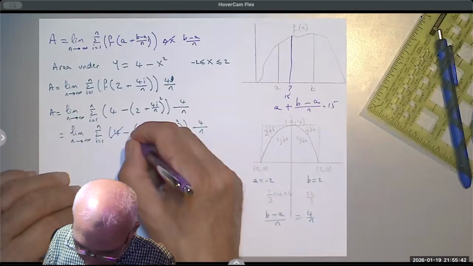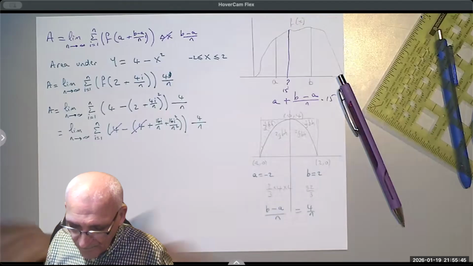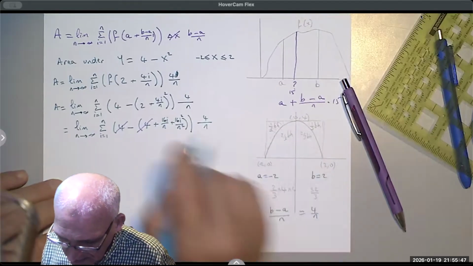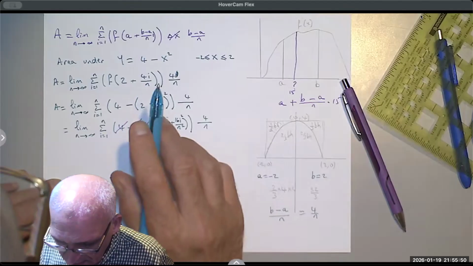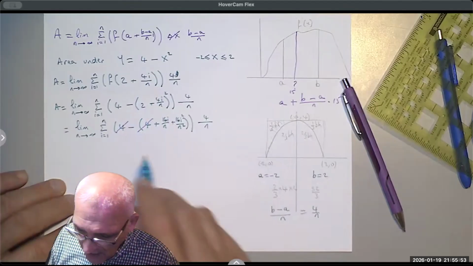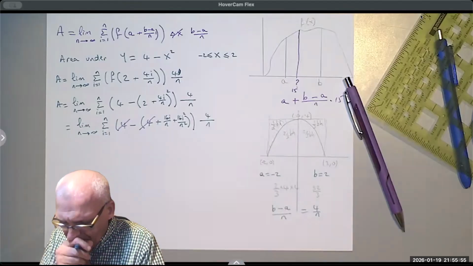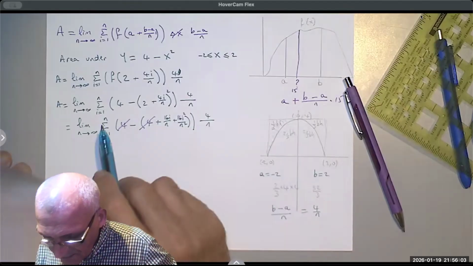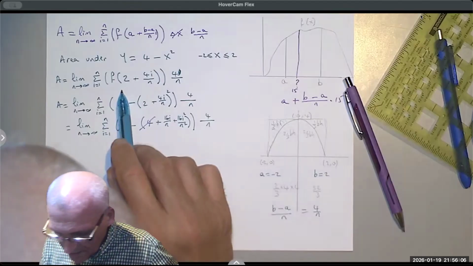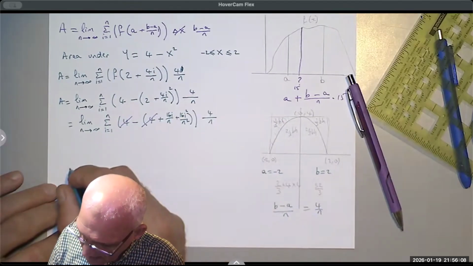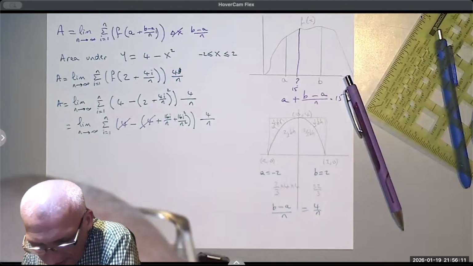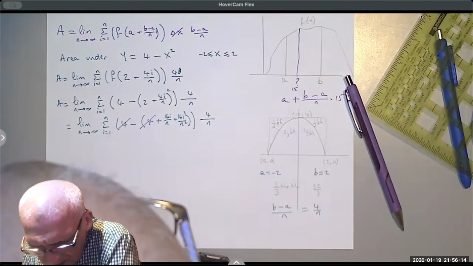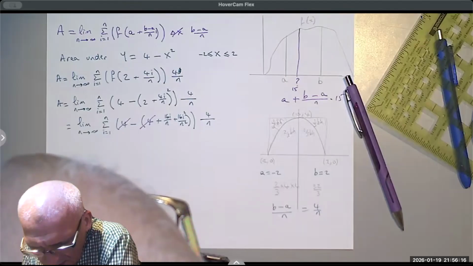So 4 minus 4 cancel, right? Just a second. Yeah, I have a minus here. Okay. No, something doesn't add up. Four minus x squared.